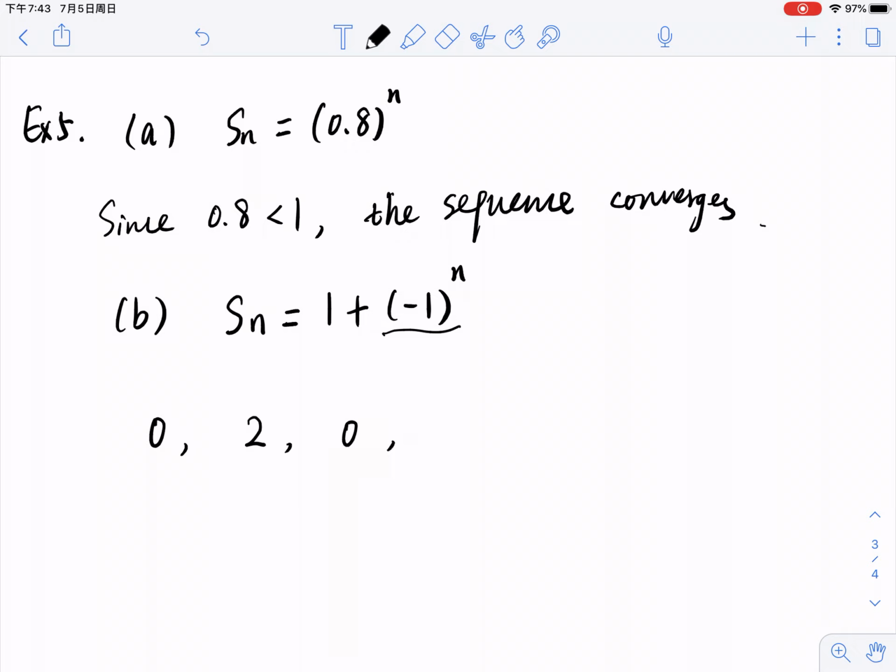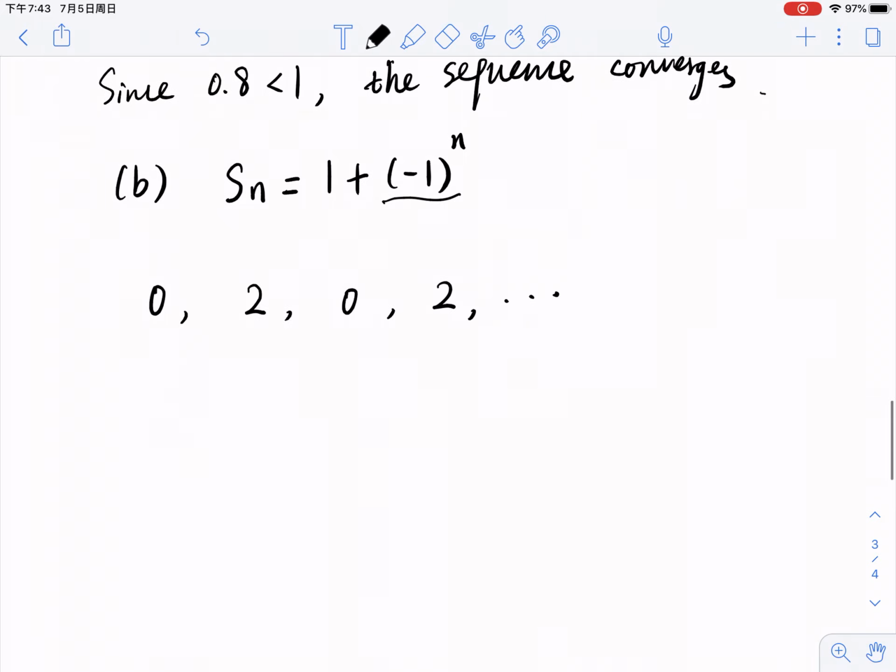The third term is 0. So this sequence alternates between 0 and 2. Thus, the sequence Sn diverges, since it does not get close to any fixed value; it alternates between 0 and 2.